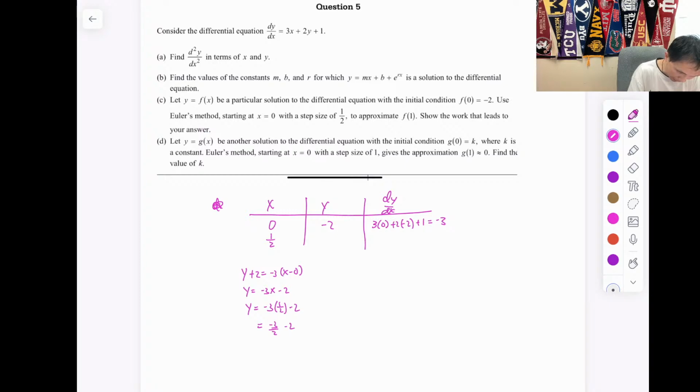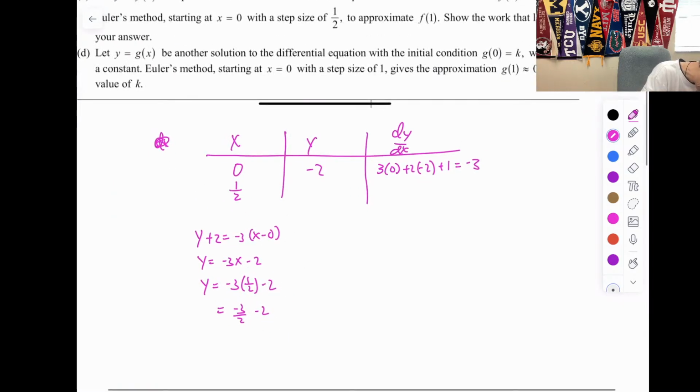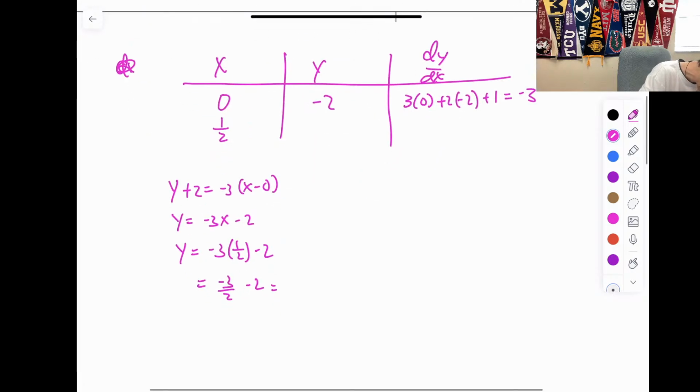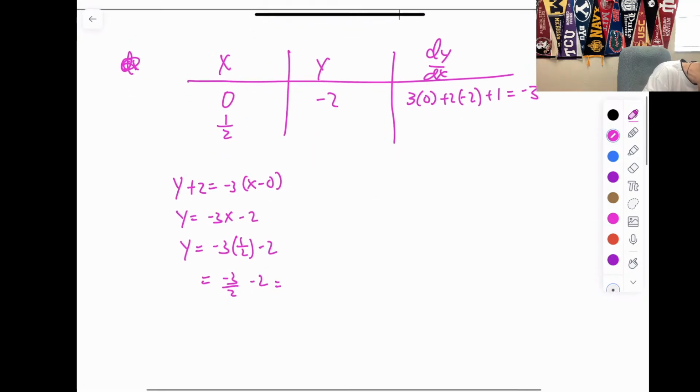Sorry, let me text something. Oh no, wait, I forgot it was negative.